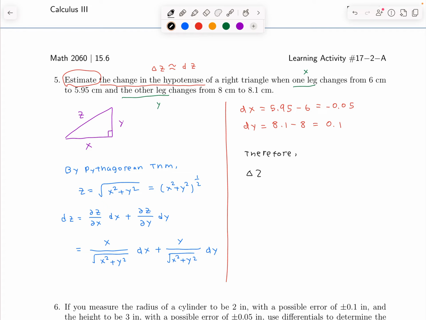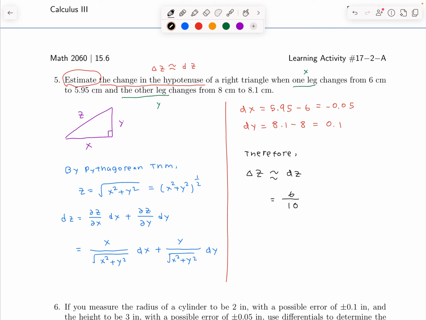Therefore, your change in Z is approximately equal to the total differential dz. Now we want to evaluate this, so we plug in the initial values for X and Y. That should be 6 squared plus 8 squared, which is 36 plus 64, 100. The square root of 100 is 10, so you have 10 in the denominator, and your x value is 6.